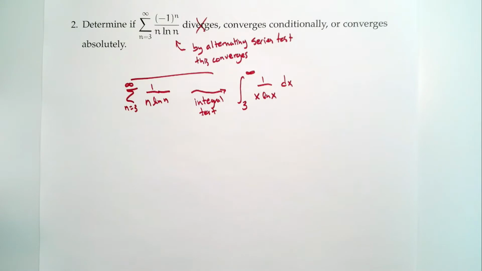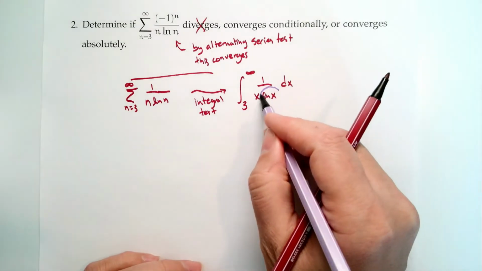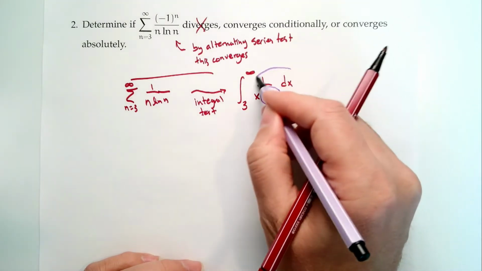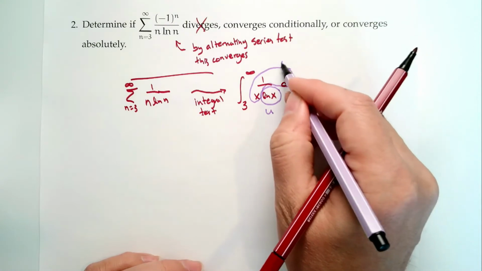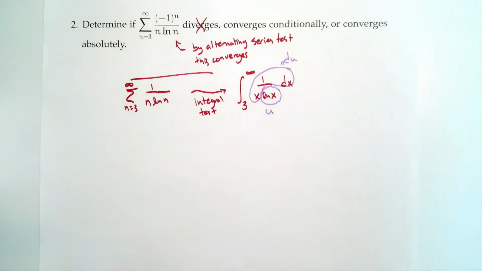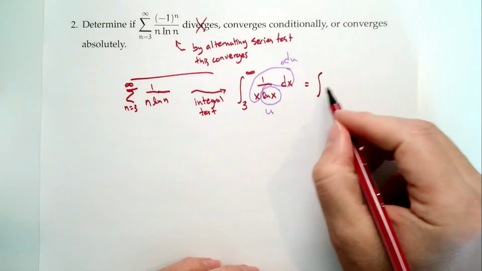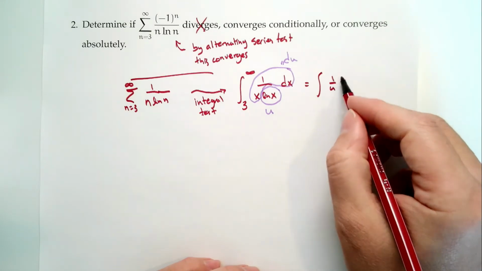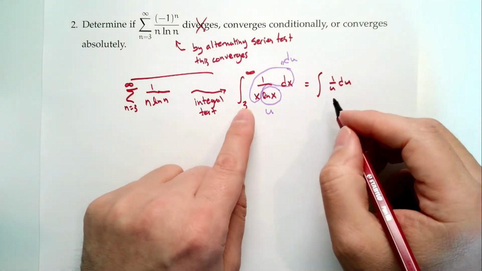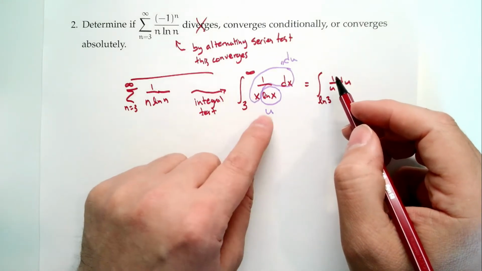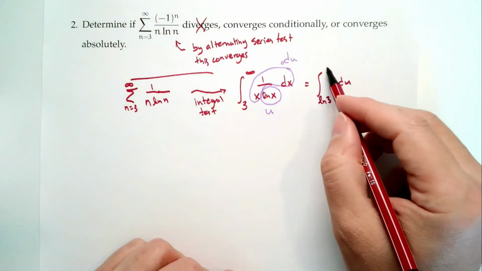For example, if we let log of x be our u, then the 1 over x dx would be our du, setting ourselves up for a really good substitution. In particular, this would be the integral of 1 over u du. Our bounds would have to update: log of 3 to infinity. What happens to log as you go to infinity? It goes to infinity.